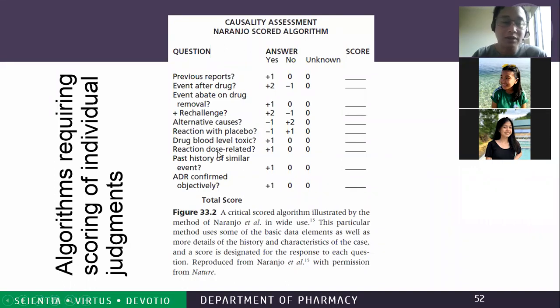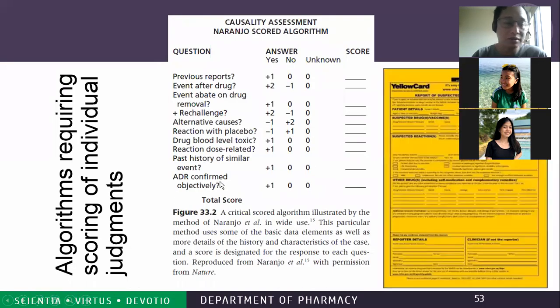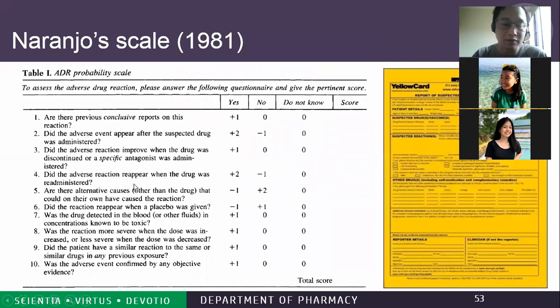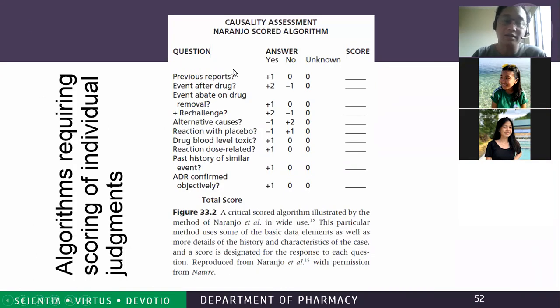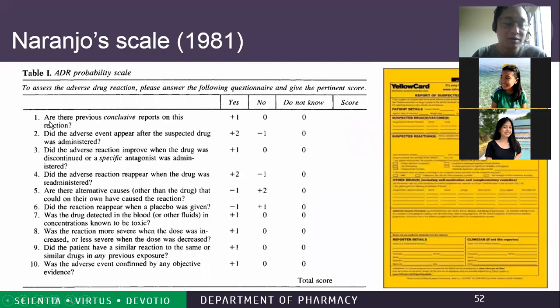Like I said before, this is the short version, and this is the longer version, just like the previous reports. And then this question is actually the original one: other previous conclusive reports on this reaction.